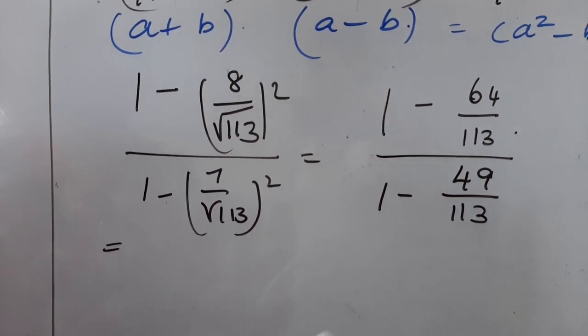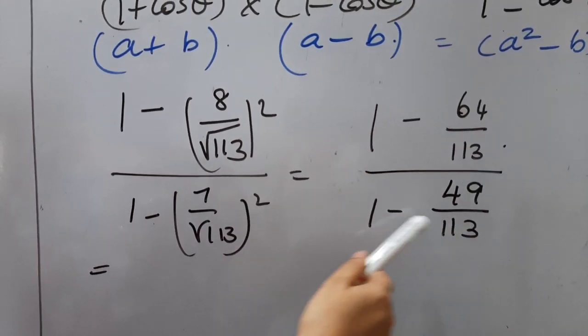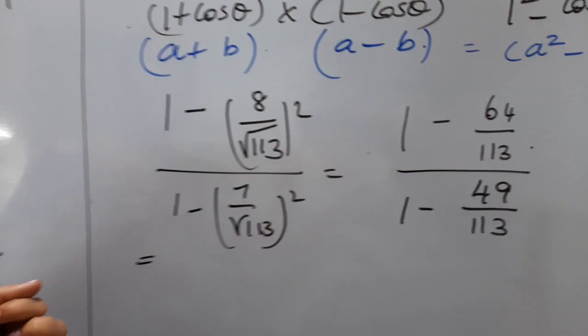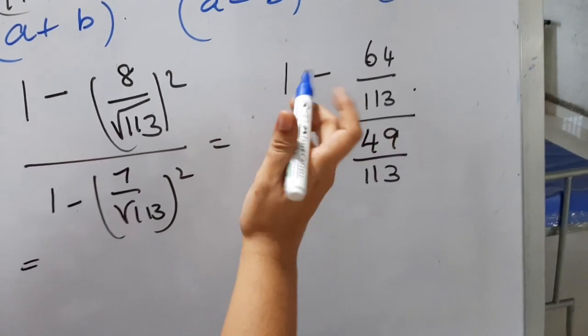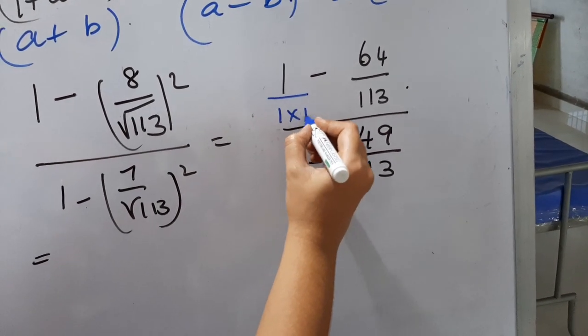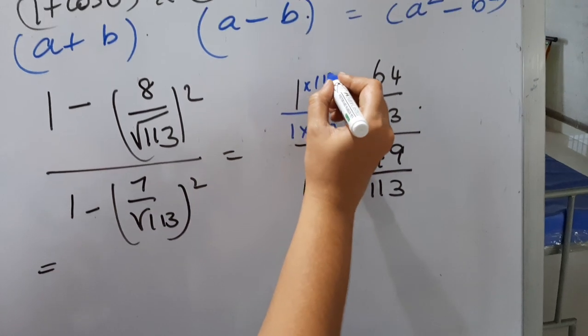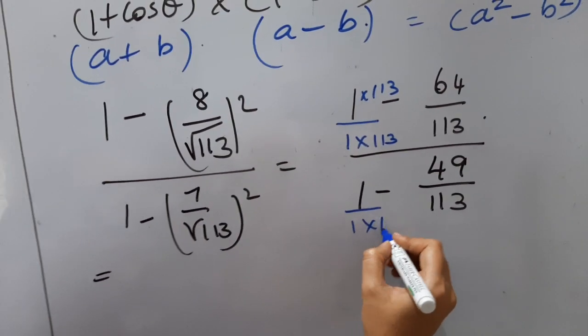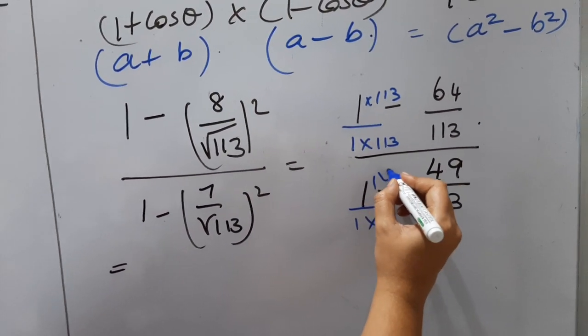Now the next step is to take the LCM for the numerator and the LCM for the denominator. Here we have only the number 1, so I'll multiply with 113. The same way here also I'll multiply with 113.